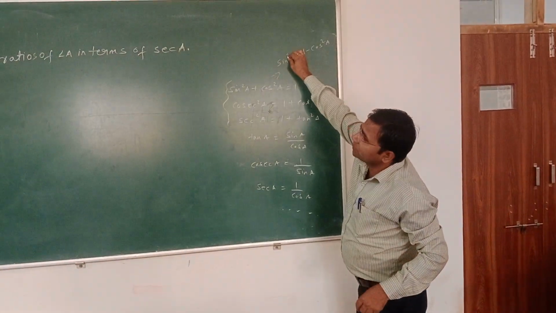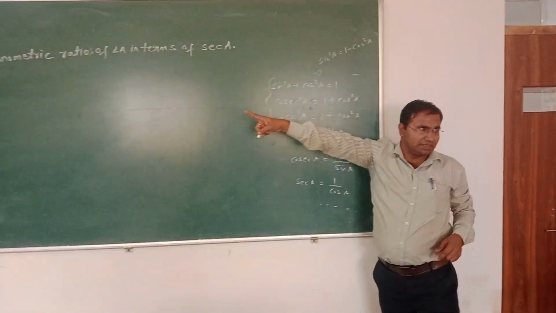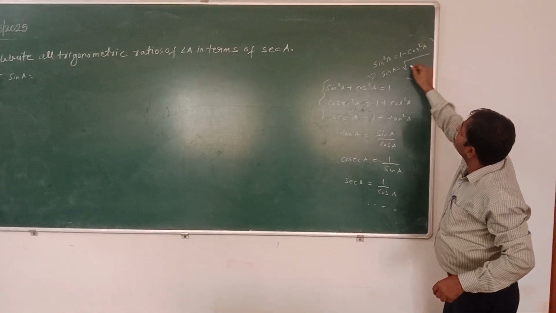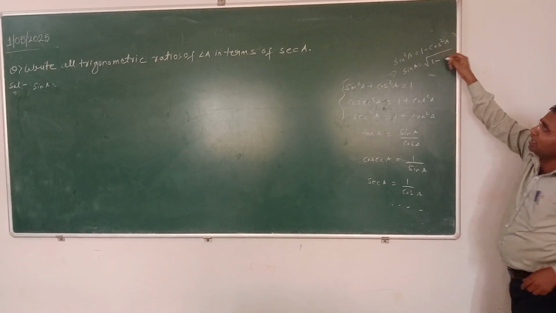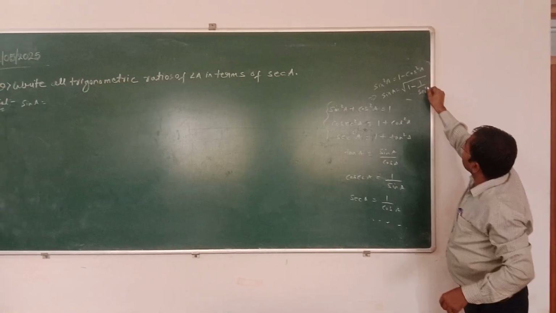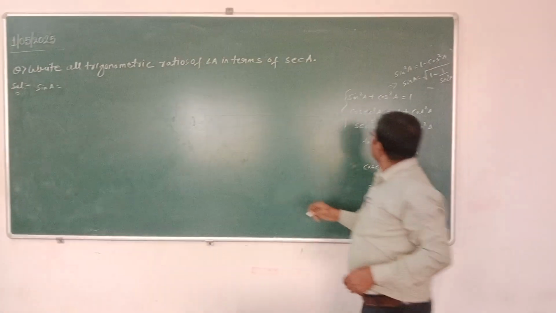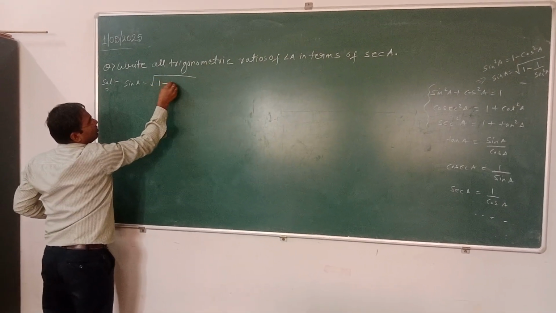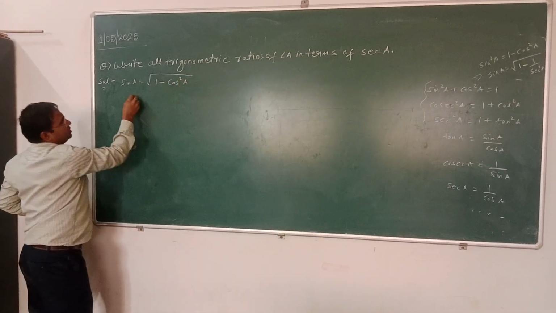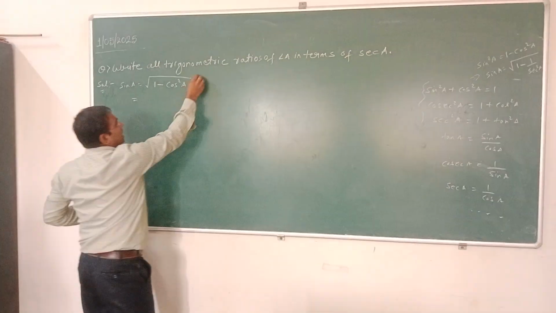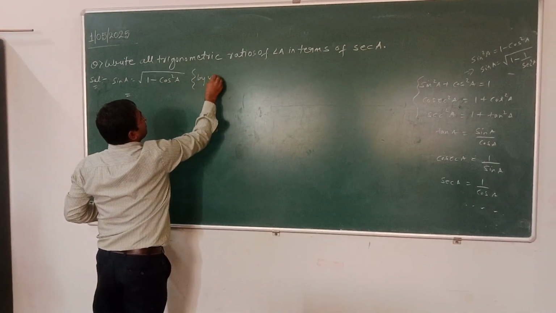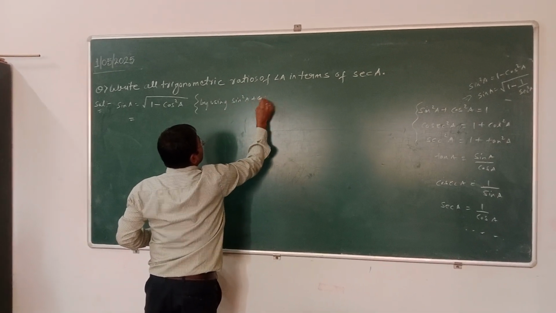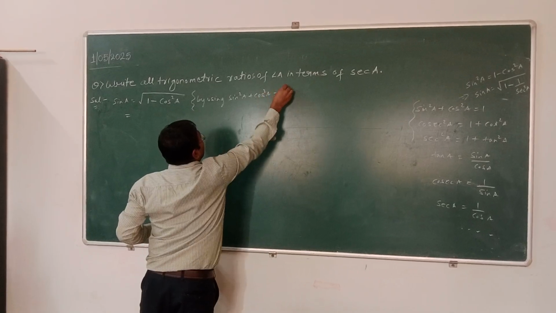After that you will remove the square term because we have to write sin A. So sin A is equal to square root of 1 minus, now in place of cos square A, you will write 1 upon sec square A. Sin A can be written as square root of 1 minus cos square A, by using the identity sin square A plus cos square A is equal to 1.